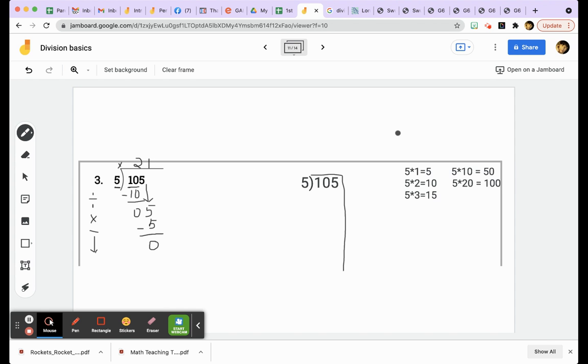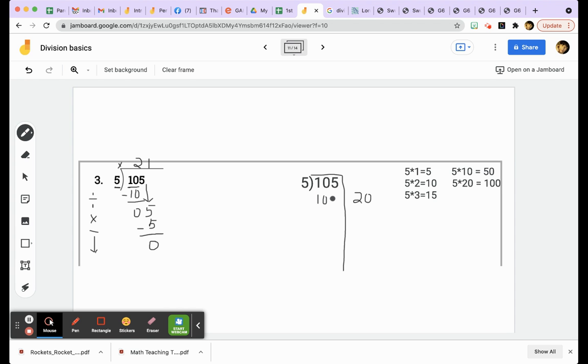So taking a look at the area model in the toolkit, I have my toolkit written here. I want to find a product as close to 105 as I can without going over. And the closest I can get is 5 times 20, which is 100. So I'm going to put 20 as a partial quotient. 5 times 20 is 100.